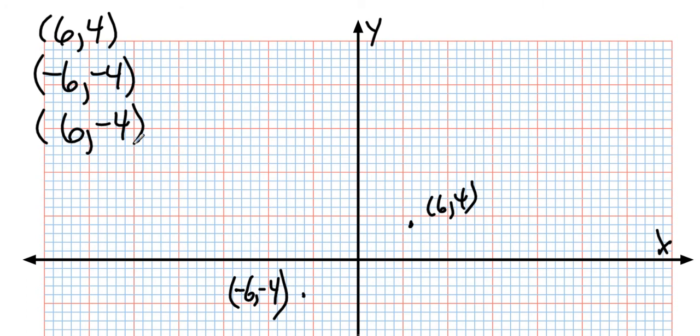So that's going to be 6 spaces to the right and 4 spaces down, right about there. And then let's complete this rectangle as we're making it to be -6, +4. 6 spaces to the left, and in this case we're going to go 4 spaces up because it's positive.